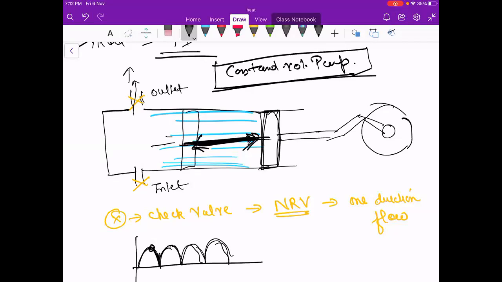Okay, I will explain why constant volume. Why is the name positive displacement given? Because it is moving in the positive way to move the fluid.